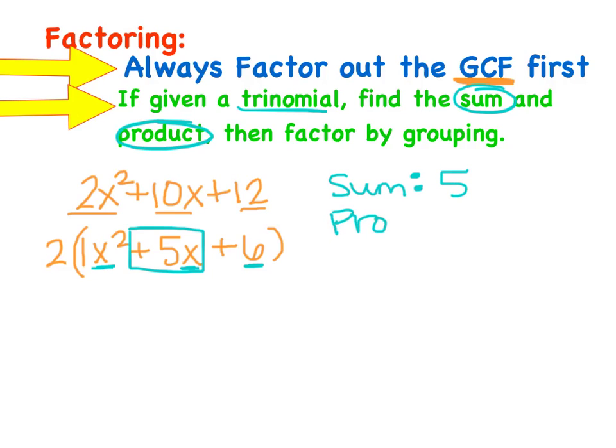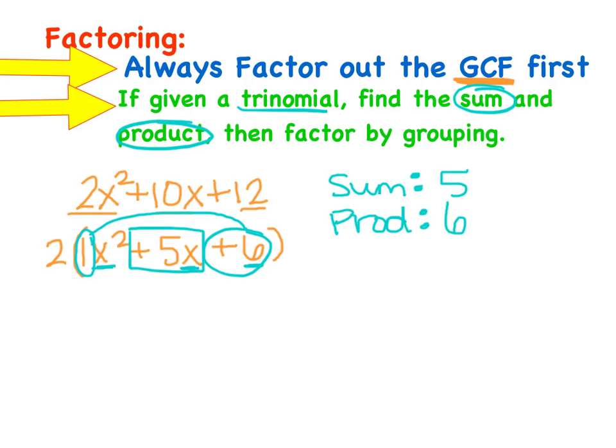The product, which I'm going to abbreviate here, is found by multiplying the first number, or the coefficient in front of x squared, times the last number, which is positive 6. 1 times 6 is 6. Notice that I did not use the GCF 2.